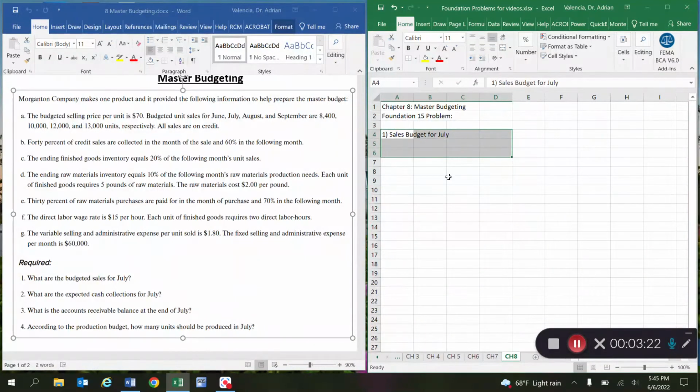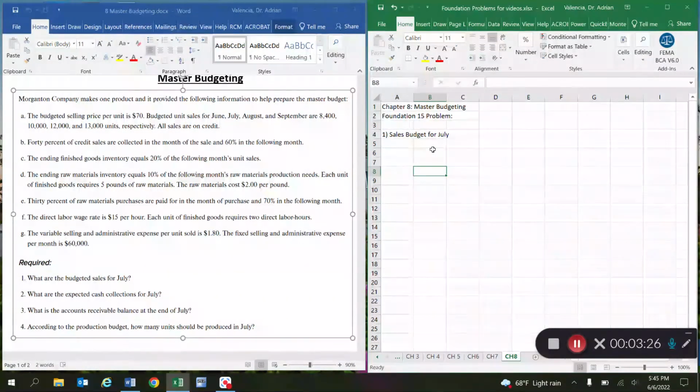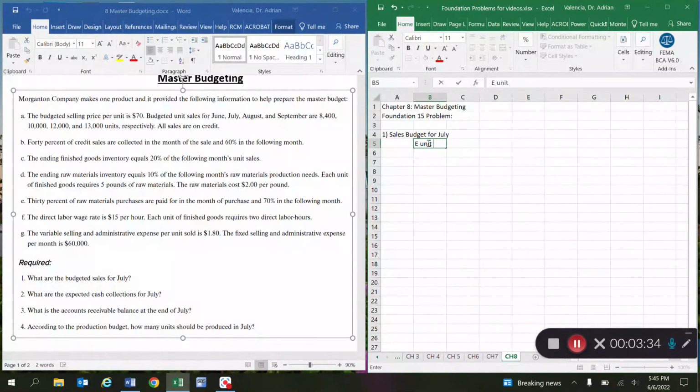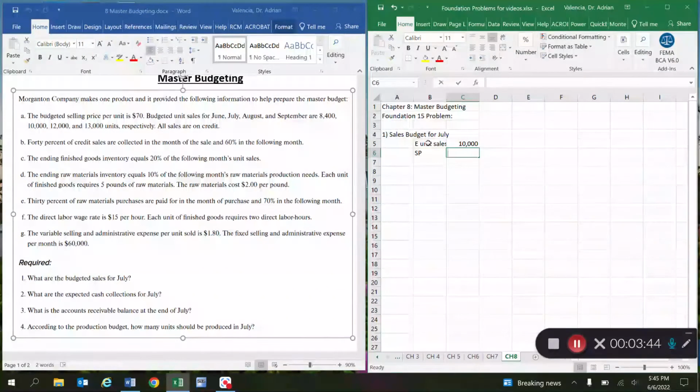So we are told that in July the sales level is expected to be 10,000 units. Okay, so I'm going to put in here expected unit sales of 10,000 units, and then the selling price that they gave us is $70.